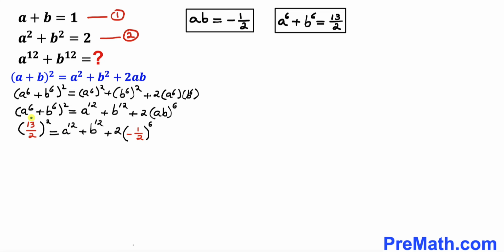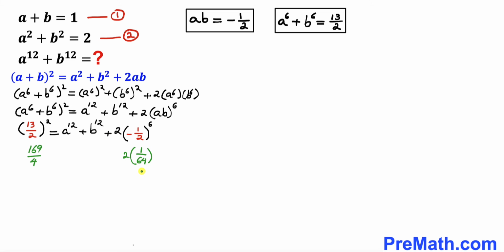And now let's focus on the left hand side. 13 divided by 2 whole square could be written as 169 divided by 4. And now on the right hand side, -1 divided by 2 whole power 6 is same as 1 divided by 64 with the positive sign. And then I'm going to multiply by 2, as you can see, this 2 outside.